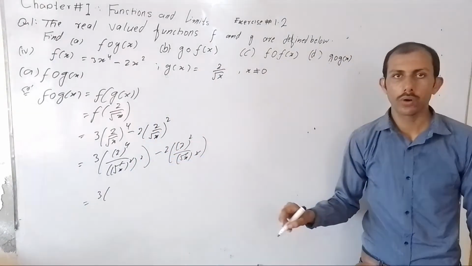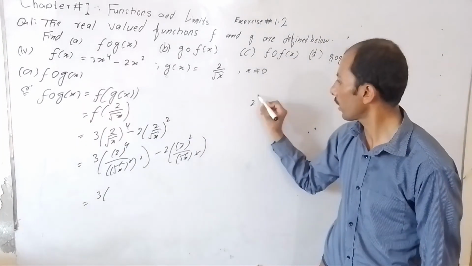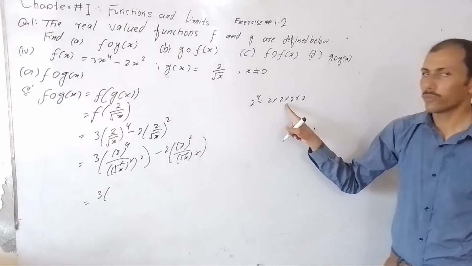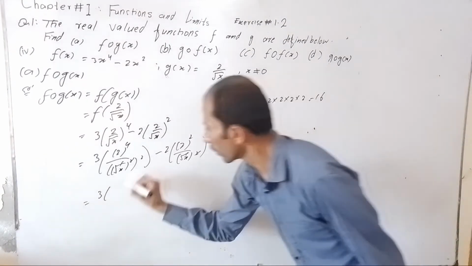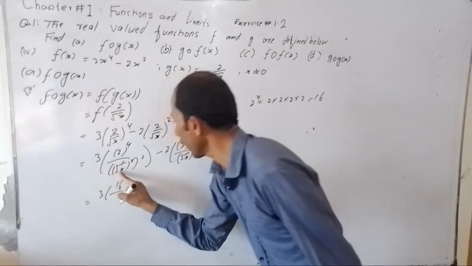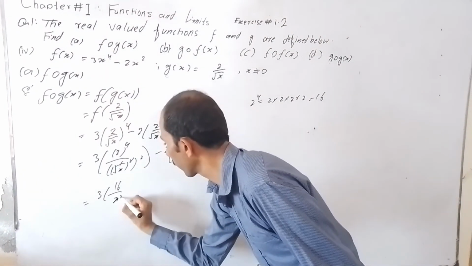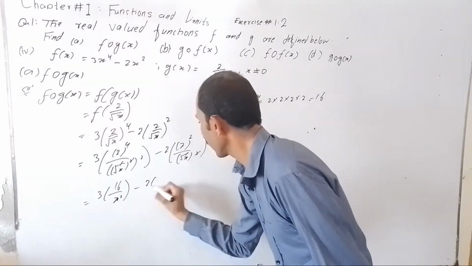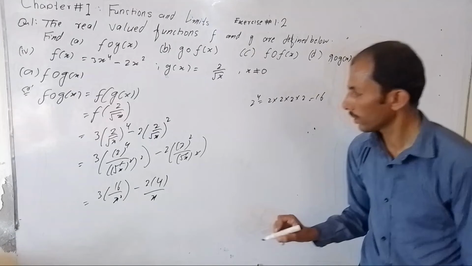2 power 4: 2 times 4, 4 2 times 8, 8 2 times 16. It means 2 power 4 can also be written 2 multiply 2 multiply 2 multiply 2, which is 16. So 16 divided by x squared, minus 2 into 2 squared which is 4, divided by x.